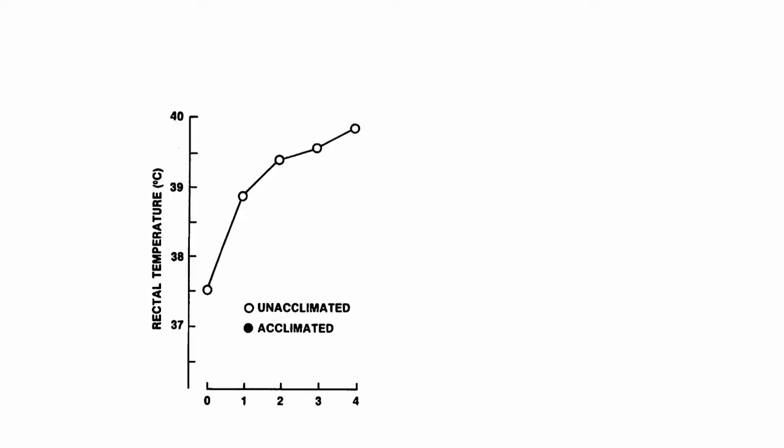Let me share some data with you as far as adaptations to a hot environment in response to a heat acclimation protocol. Here we have data on rectal temperature, from baseline to the end of the 4-hour period. We have a progressive increase in core temperature when the subjects were unacclimated.